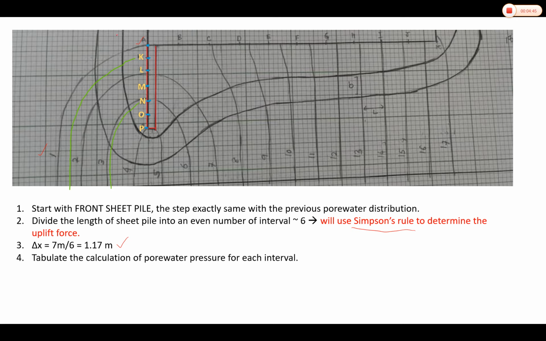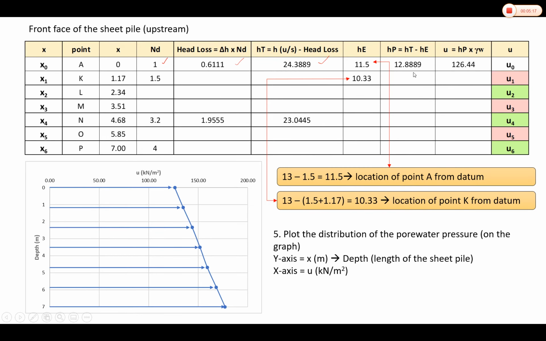We already have 1.5 here, so the distance between each interval is 1.17. The total of 1.5 and 1.17 will be subtracted from the total length here, which is 13. So from the datum, point K is located at 13 minus 1.5 minus 1.17. So you will have 10.33.